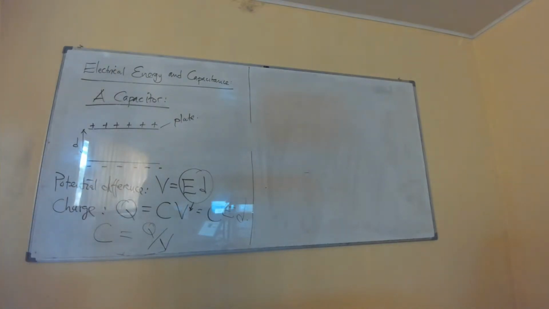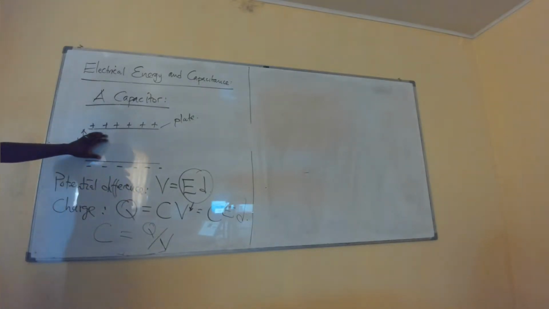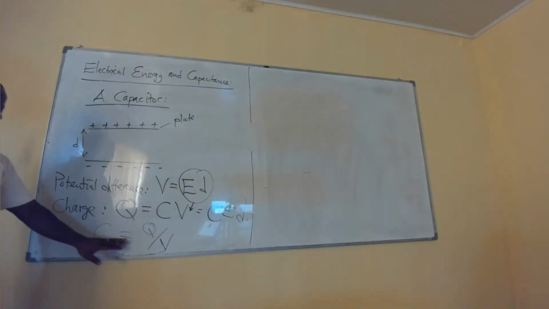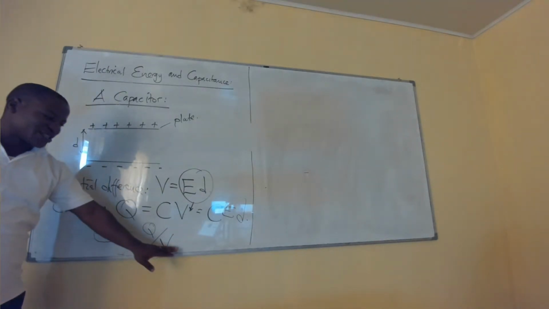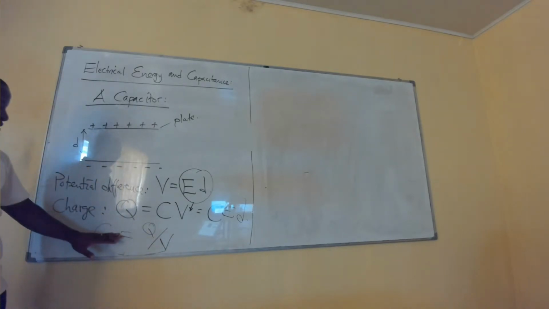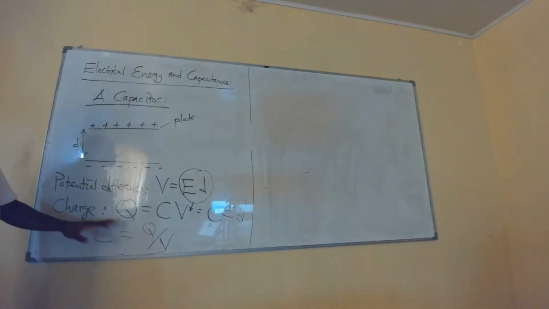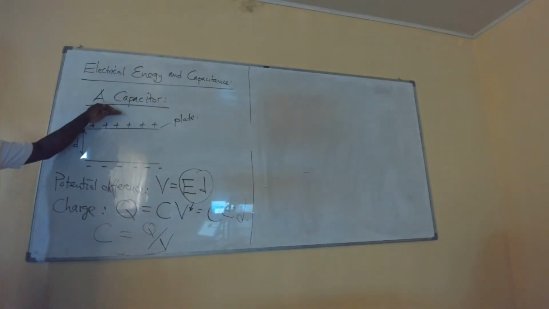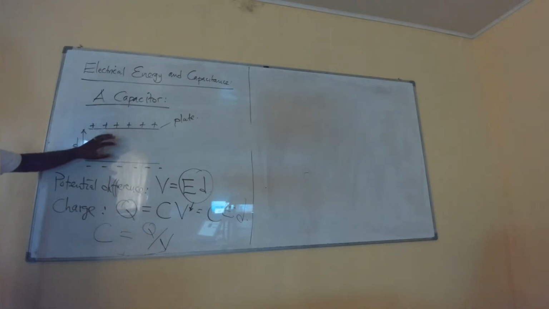Okay, now we have this capacitor here which has a certain area. This area has a potential to affect the capacitance of a capacitor. What is the capacitance of a capacitor? Capacitance is defined as the charge divided by the potential. In other words, the capacitance of a capacitor is defined as the amount of charge that a capacitor is able to store in a given space, so to say.